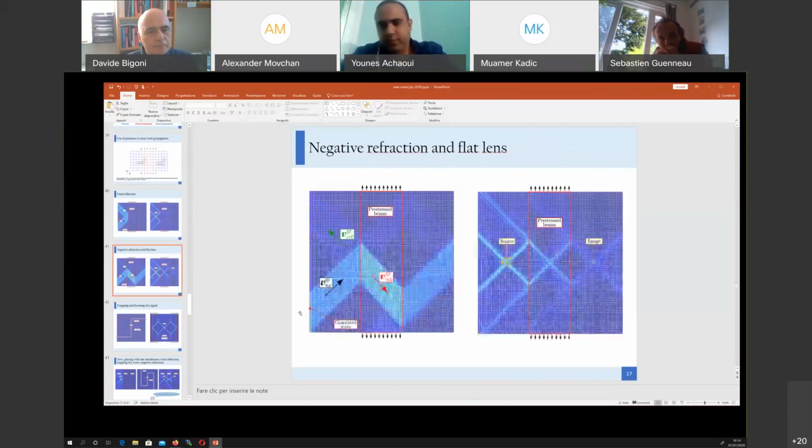Did you calculate the band diagrams to demonstrate this effect? Are you expecting to identify bands with negative slopes to explain the negative refraction effect by considering the pre-stressed unit cell?